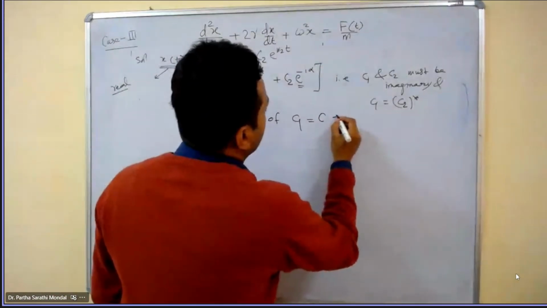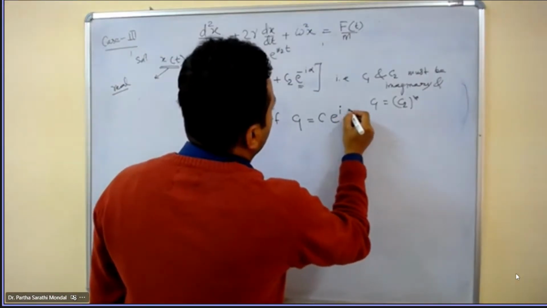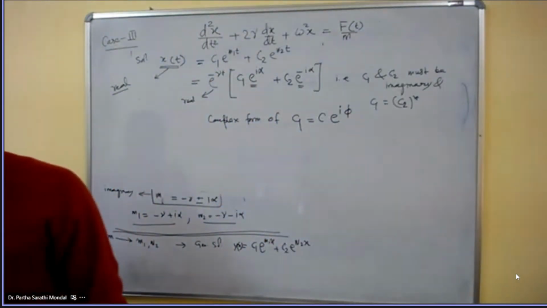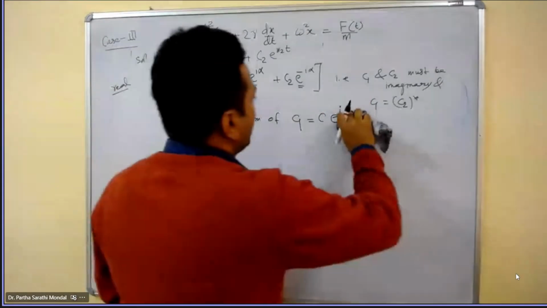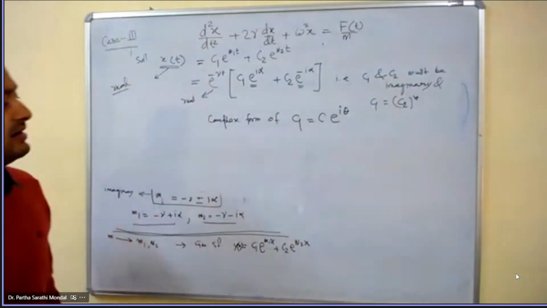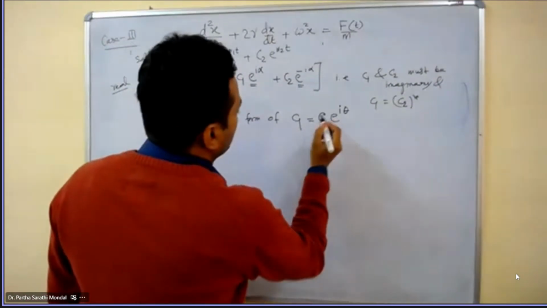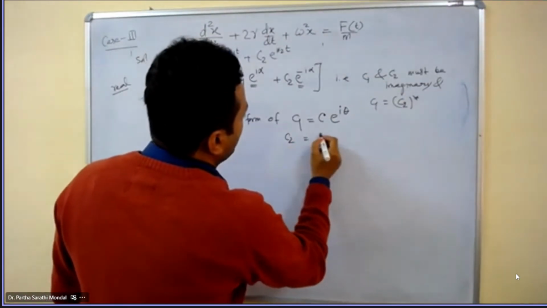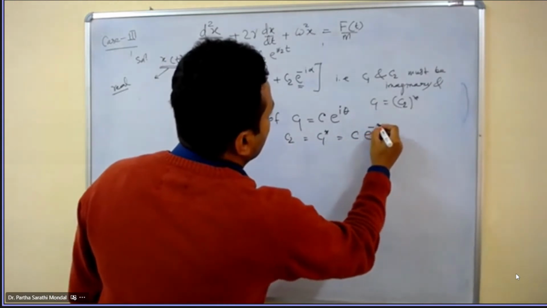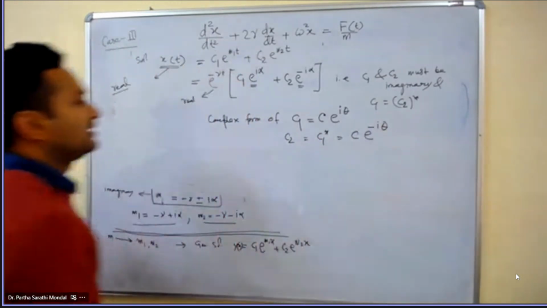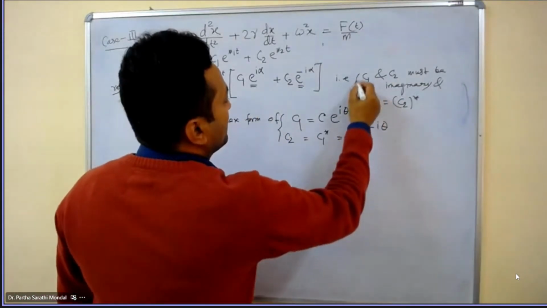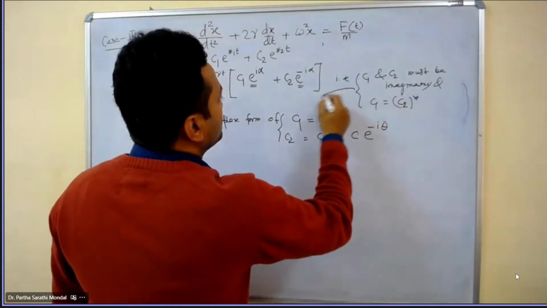In a similar way, let's say i theta, because otherwise it will be confused with the earlier one. Then C2 will be the complex conjugate of C1, so it will become r e to the power minus i theta. These are the two things coming from these two implications.